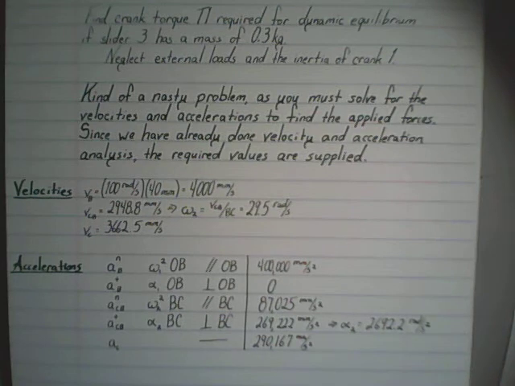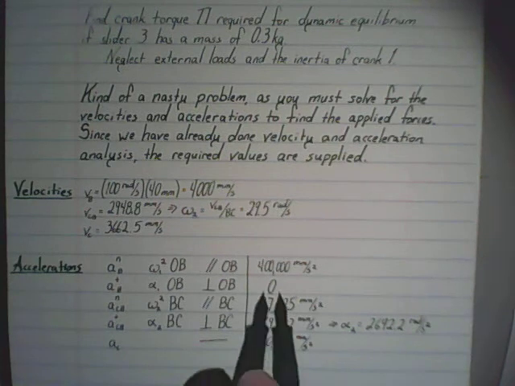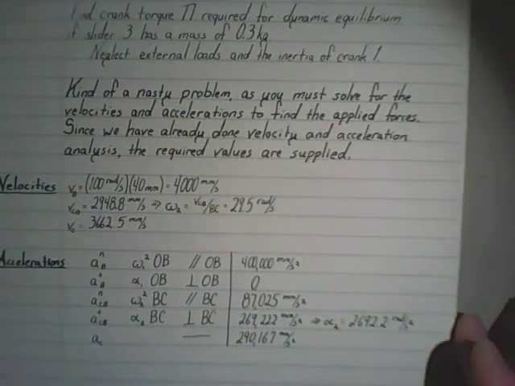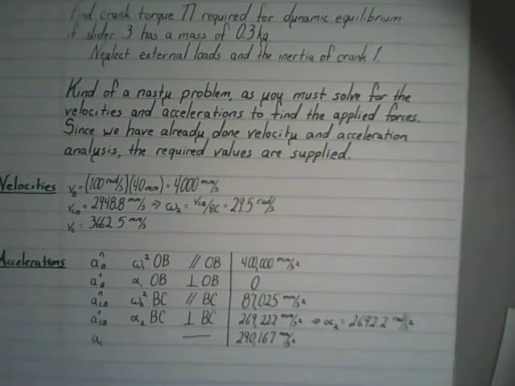Now, using the process that you're already familiar with, I've done the acceleration analysis using acceleration polygon, and this is the table for the acceleration values filled out with the values that I got from the acceleration polygon. In this case, the things to note will be that the angular acceleration of the conrod is 2,692.2 radians per second squared.